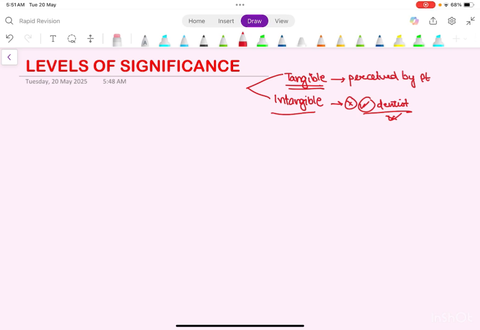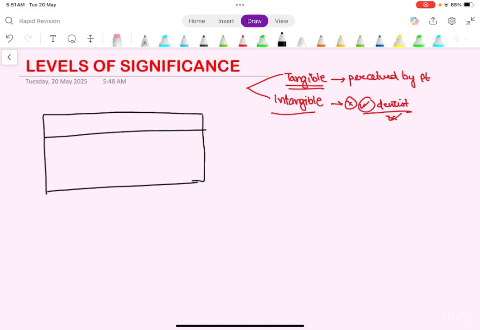The dentist is aware of the benefit, but the patient cannot perceive it. You just need to know one table and it will solve all the questions. This is the table that I've been talking about.